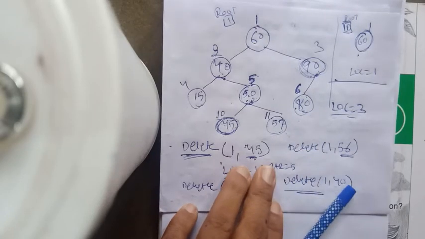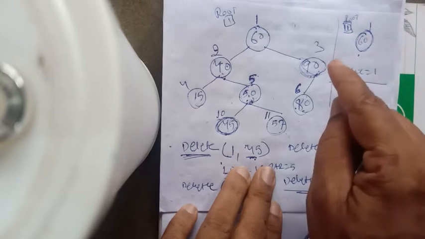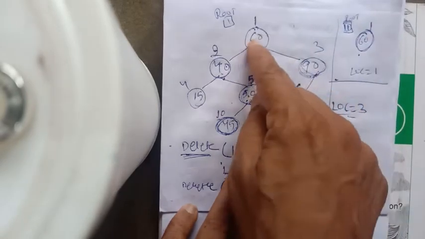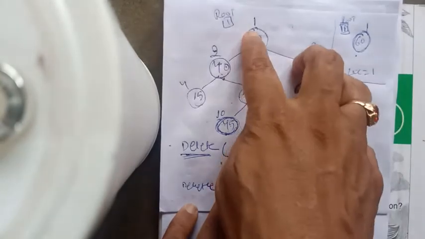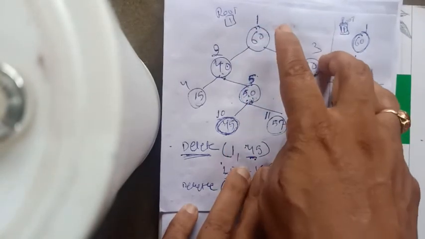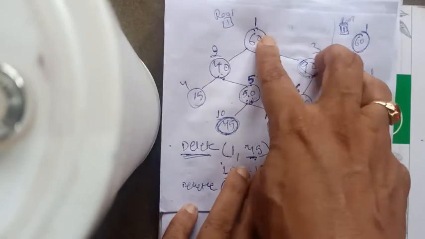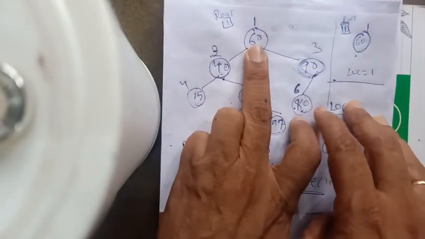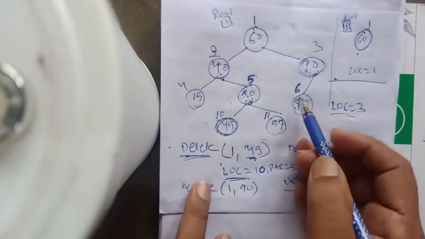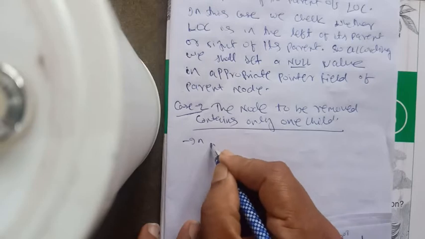So we simply check whether 90 is in the right of its parent or left of its parent. If 90 is in the right of its parent, then the right pointer field of its parent must contain the address of the only child of 90. Is that clear?